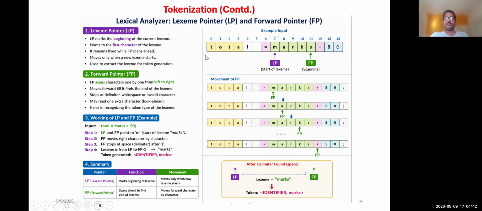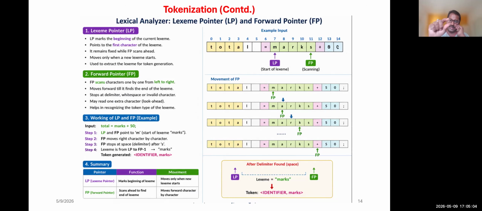This is nothing but your RAM, random access memory. When you load a program, it gets loaded into the RAM. That is nothing but the buffer.